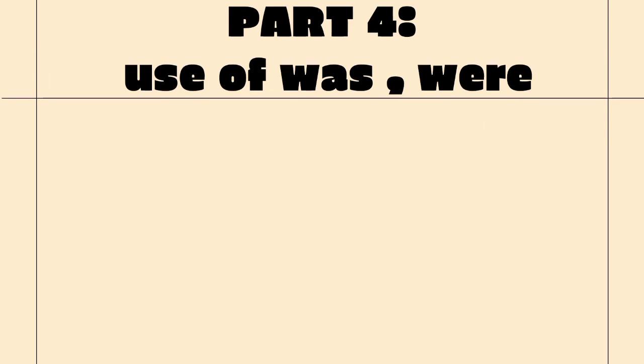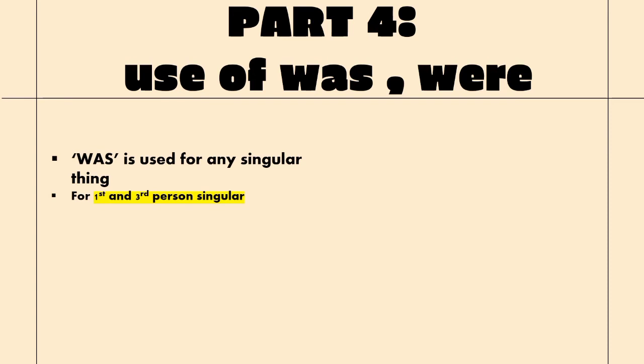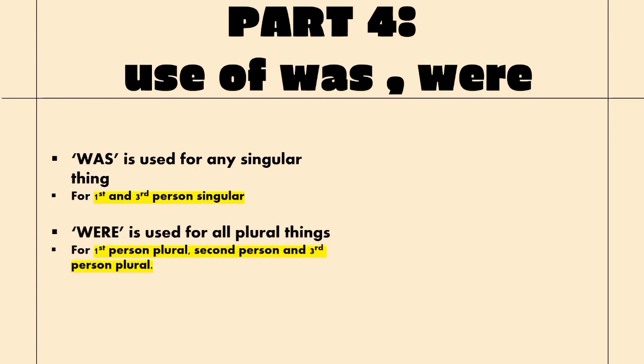Moving ahead, we will now discuss the use of was and were. Was is used with first and third person singular, which are I, he, she, it. So was is used with these four things, and with all other things were is used, including first person plural, second person and third person plural.